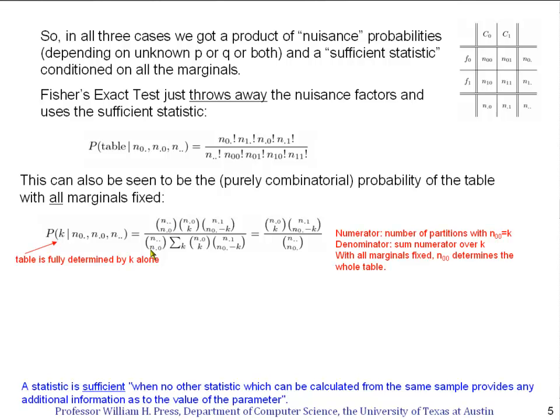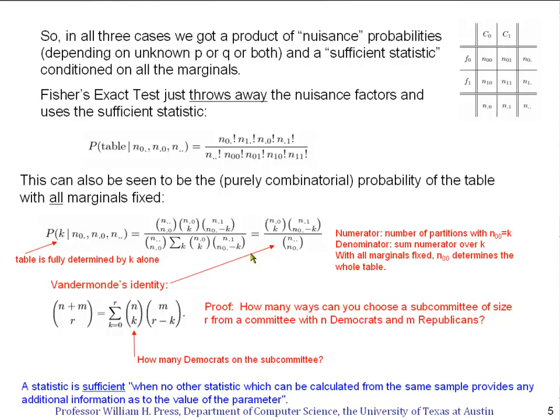Well, this first term doesn't even depend on k, so I can pull it out, and then I'm going to cancel it, and then I have a sum over k of these terms that are up here in the numerator. So I've written that here, except I've made one additional step. This sum is a well-known sum of binomial coefficients, and it's called Vandermonde's Identity.